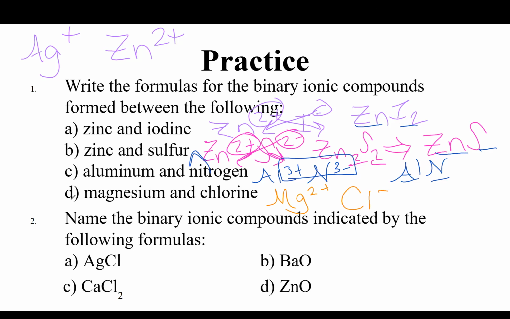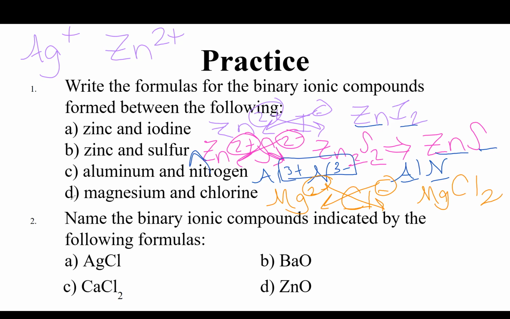Sorry, we don't lose 1. It has 7 valence electrons. It gains 1 electron. So it's 1 minus. We do the switch. We get magnesium fluoride. We always change the ending to ide.